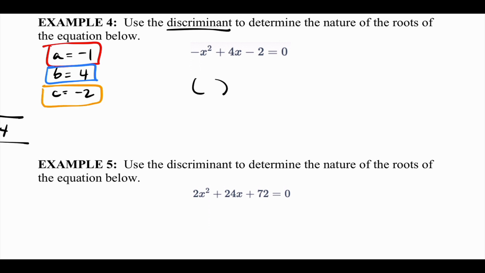So parentheses squared -4 parentheses. Just the part underneath the square root. -1, -2, +4.